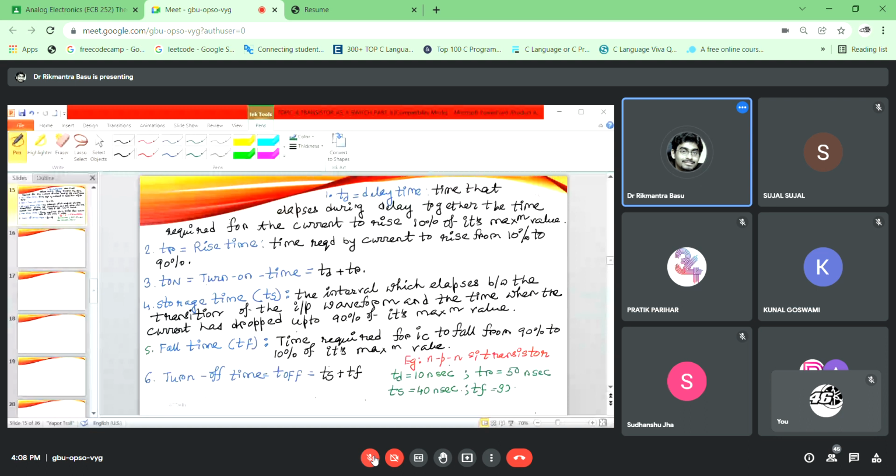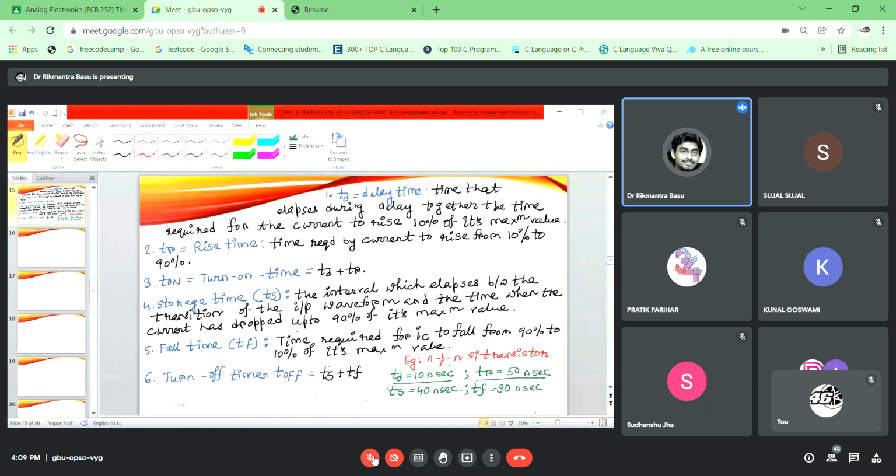So you can see even after the very small delay time of 10 nanosecond, the pulse actually gets properly on. The rise time is quite high, 50 nanosecond. After that, it remains stable for a very short time, 40 nanosecond, and then it starts dropping, 30 nanosecond.